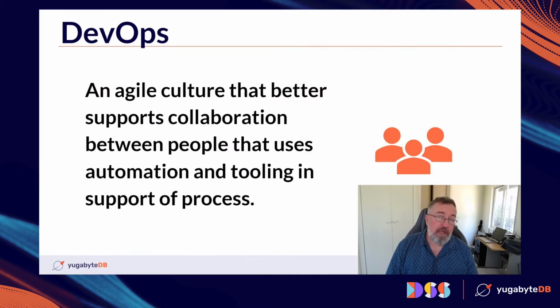Now, if we're talking DevOps, let's level set and talk about what it is that we're talking about. DevOps is an agile culture, and that agile culture is all about supporting people. It has to foster communication, teamwork, and this whole idea of a shared burden.